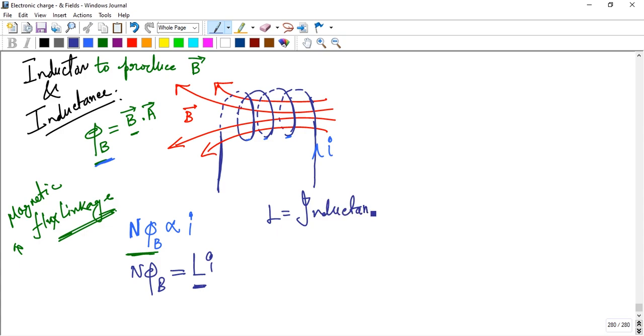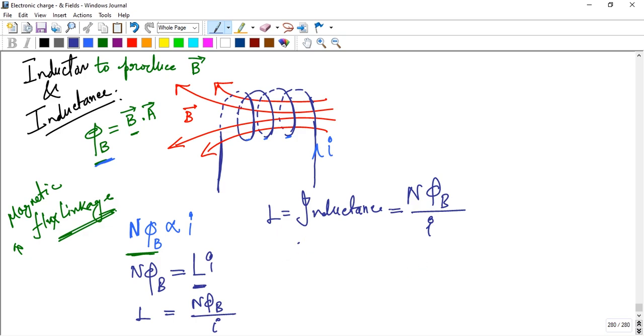So finally we get L equal to N phi B by I. The inductance is the flux linkage N phi B divided by the current I generated inside the coil.